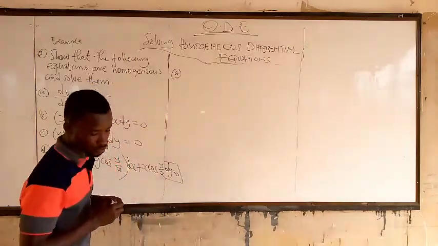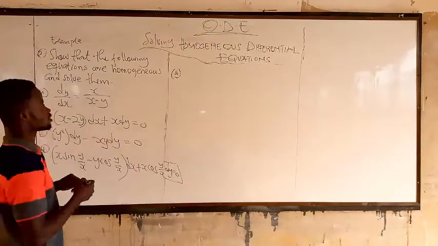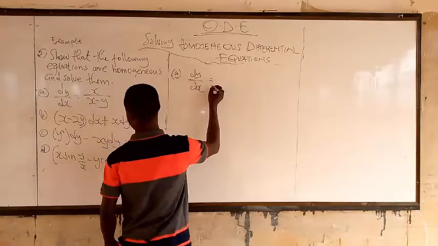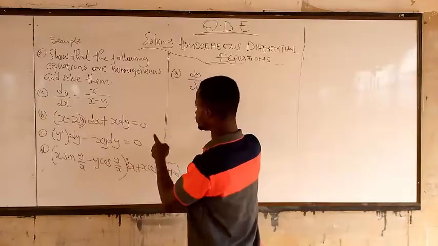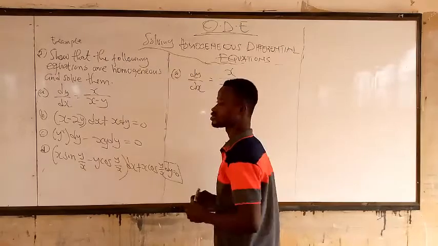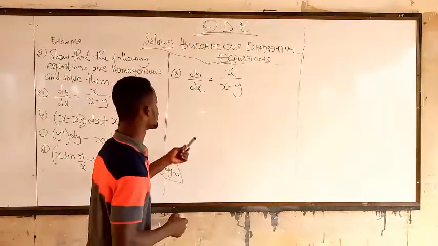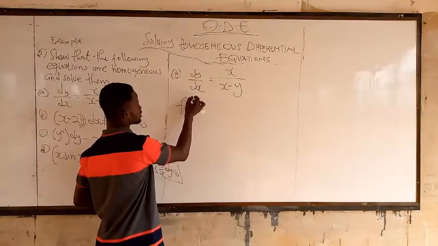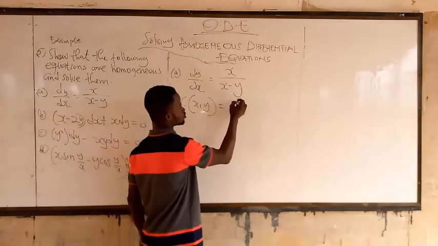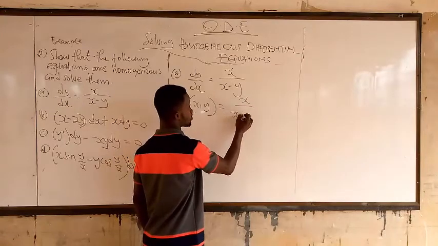So we have this, dy/dx equals x over x minus y. To verify this, we know that this is the same as f(x, y) equal to x over x minus y.